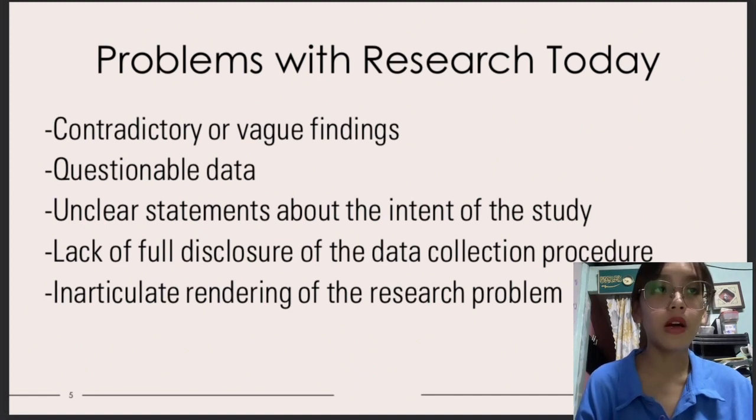It means that the study doesn't clearly say why it's being done or what it's trying to figure out. Number 4, lack of full disclosure of the data collection procedure. This means that the study doesn't explain exactly how the information was collected. And lastly, inarticulate rendering of the research problem. This means that the study doesn't explain the problem, what it's trying to solve.